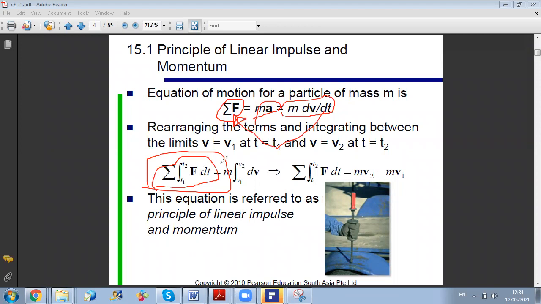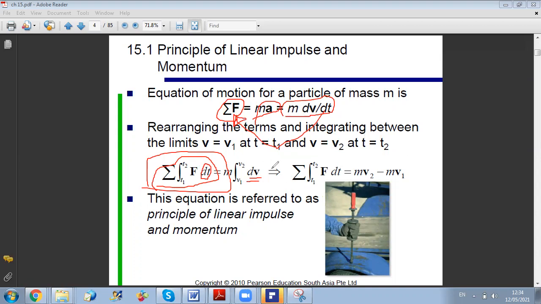Okay, so when we do separation of variables, on one side we have the variable time, and therefore when we integrate, we get the impulse. On the other side, you integrate the variable of velocity, so the integral of dv will be v2 minus v1. This equation is referred to as the principle of linear impulse and momentum.